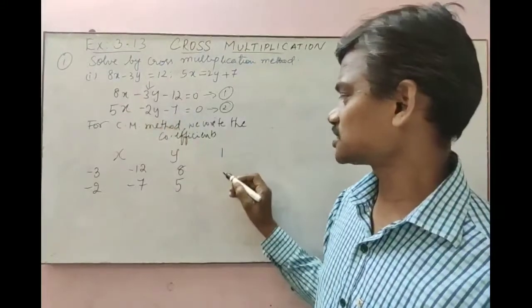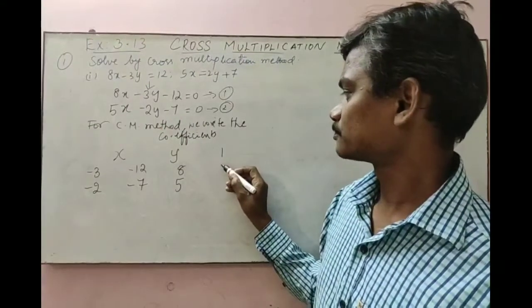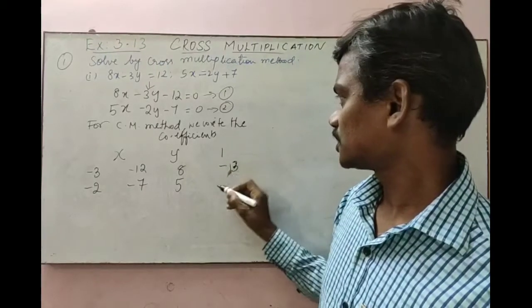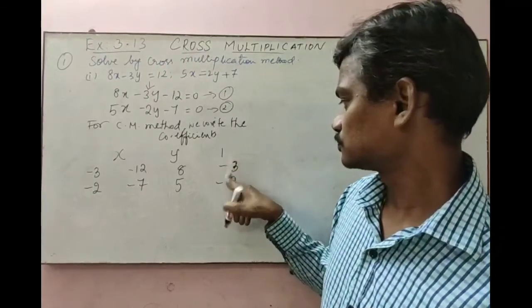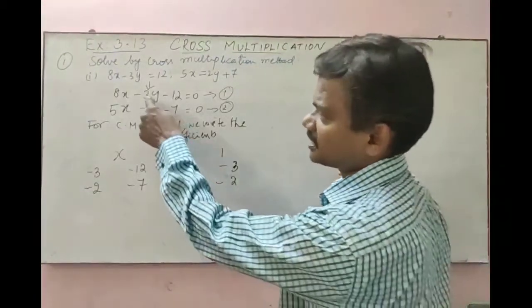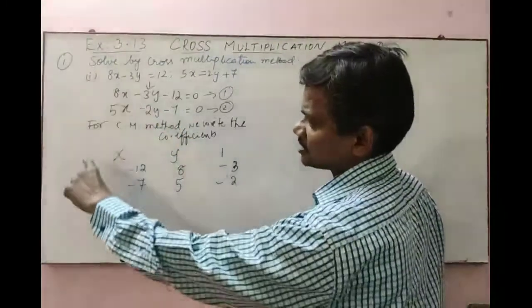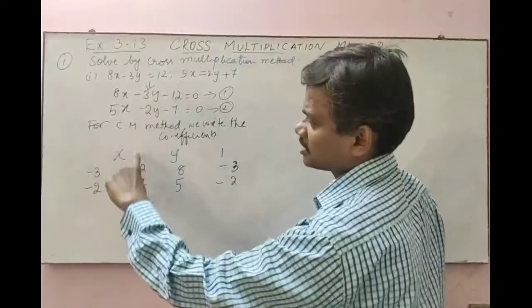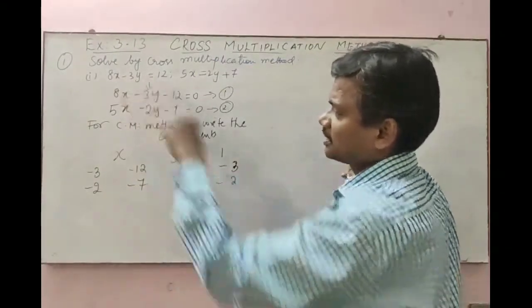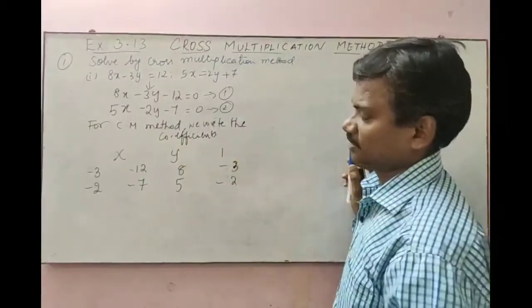Next again the last, minus 12, sorry, minus 3 and minus 2. Again the first term. So first you have to start from the center, write the coefficients of y, then the constant term, then the coefficient of x, then the coefficient of y.